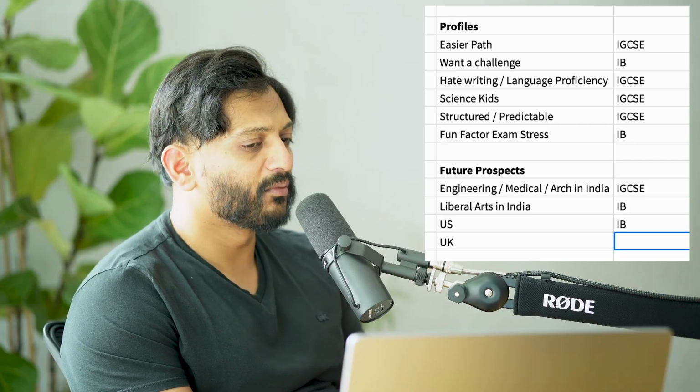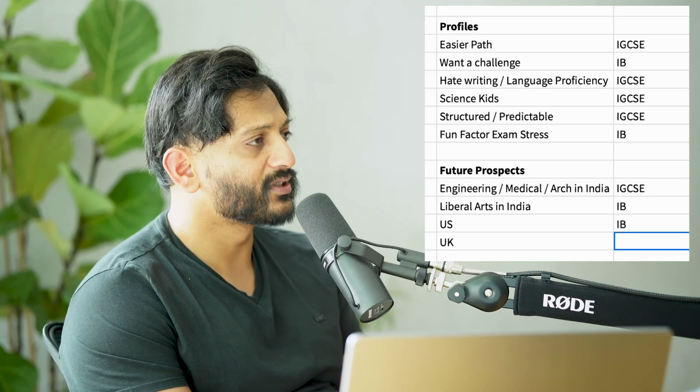And then we were talking about the UK, and I think what would you say with the UK? I mean, in the UK, they don't really have any preference as such, which says you have to do an IBDP or A levels. They do an equivalence conversion in terms of tariff points. The UK has tariff points depending on the subjects that are prerequisites.